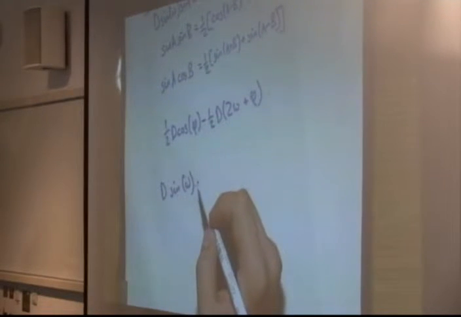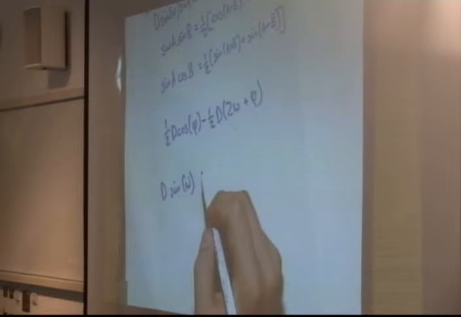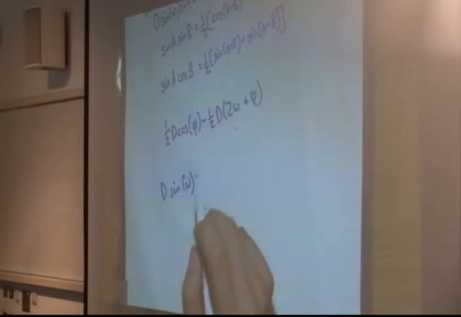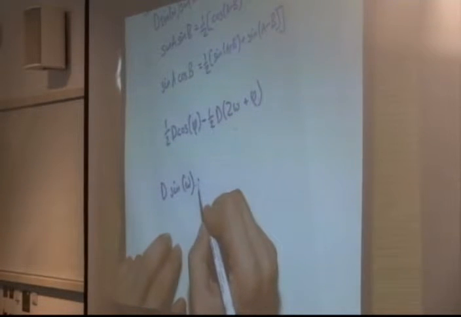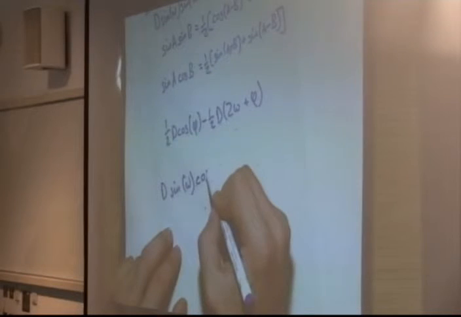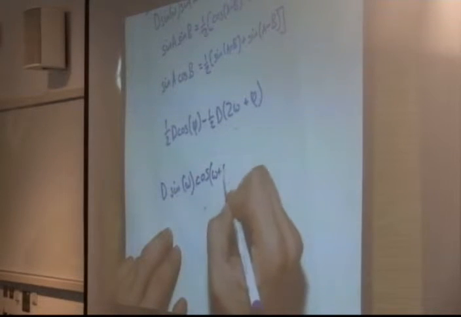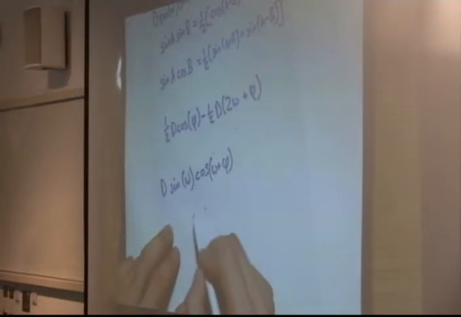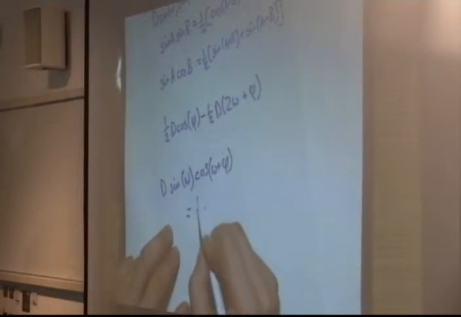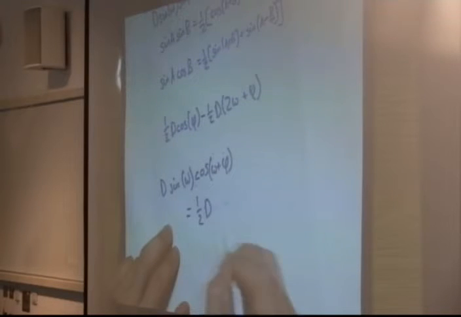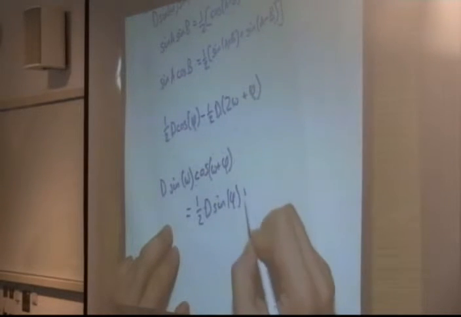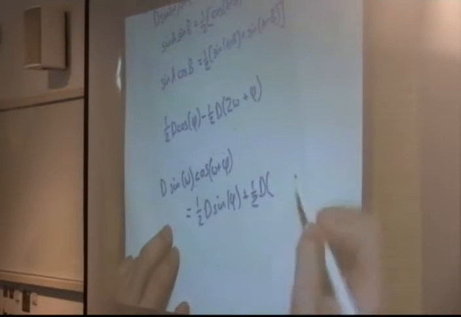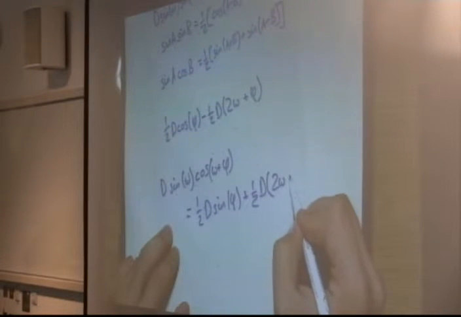And the Q arm is the same as multiplying by cos instead of sine, because cos is just a sine wave shifted by 90 degrees. So that's sine times cos omega with some phase shift. And again, using the sine-cos result, you get that the answer is a half times the data times sine of the phase error, plus a half times the data times sine of 2 times the frequency plus the phase.